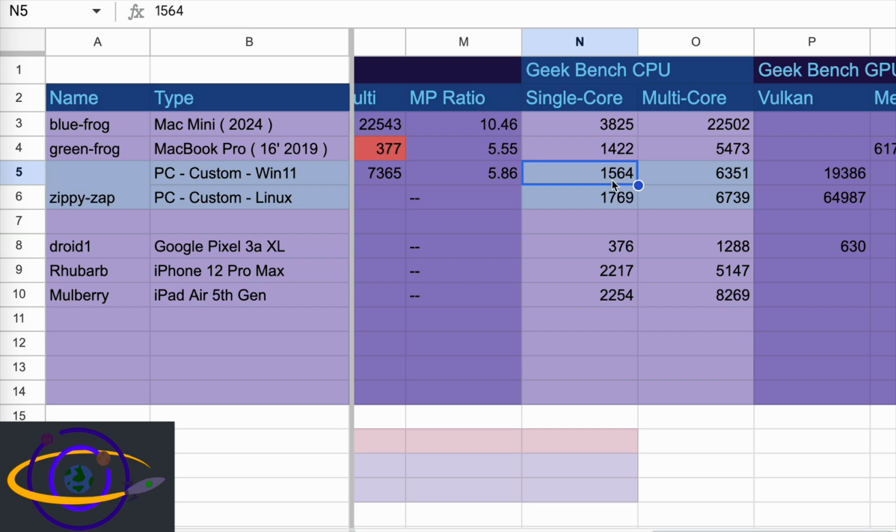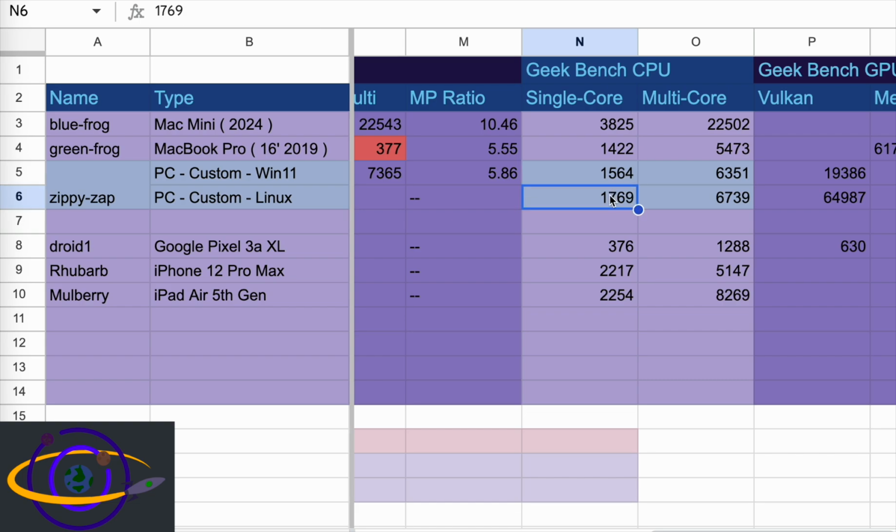Slightly better performance on the custom PC, just because it's a PC, has better cooling, and it's a desktop version of the CPU, not a mobile version. So on Windows 11, we had 1564, and on Linux, on the same machine, we had 1769.